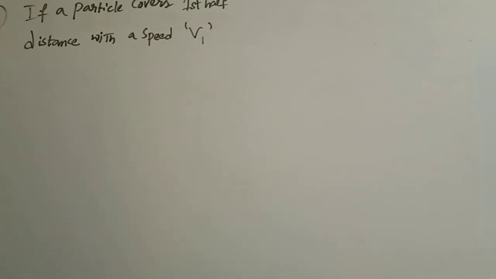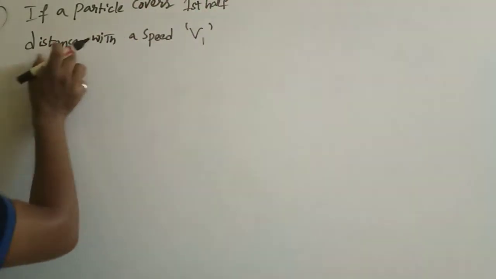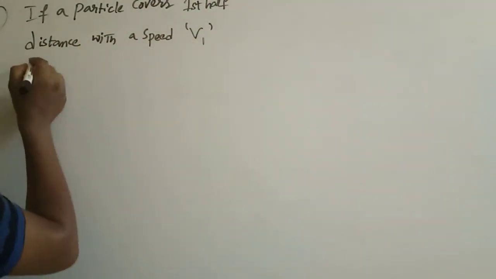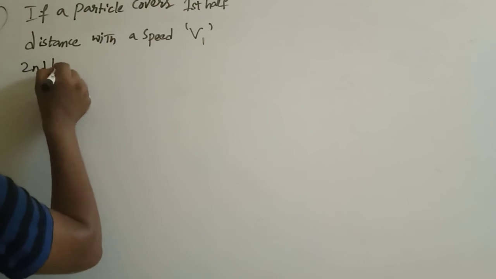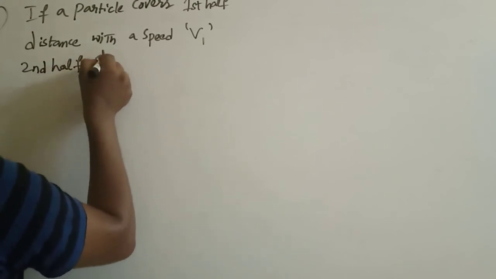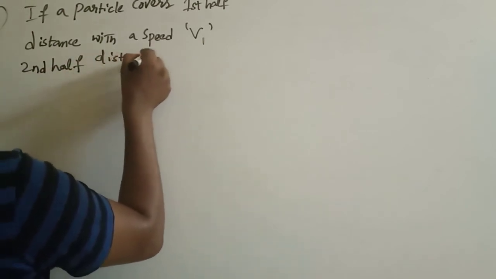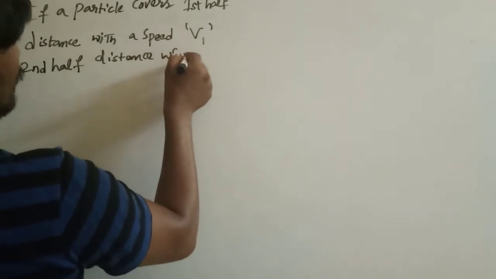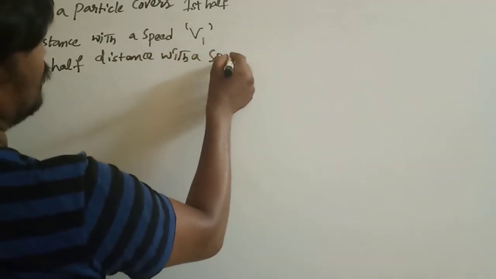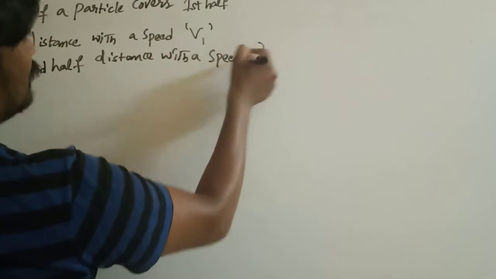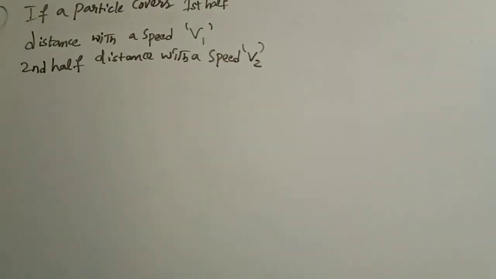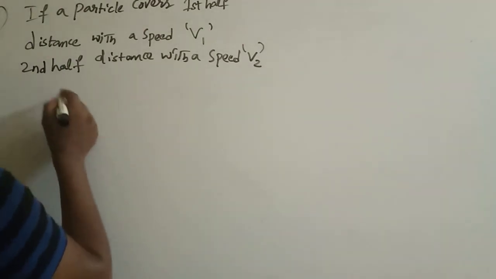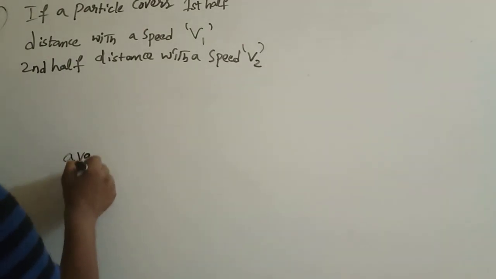Important point. If a particle covers first half distance with a speed v1 and second half distance with a speed v2, then what is your average speed? So they may say find average speed.